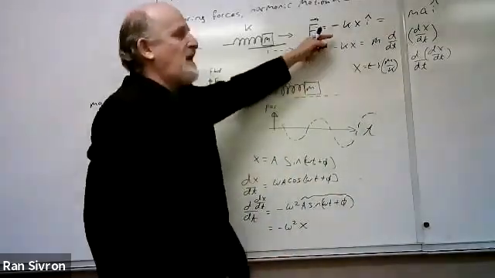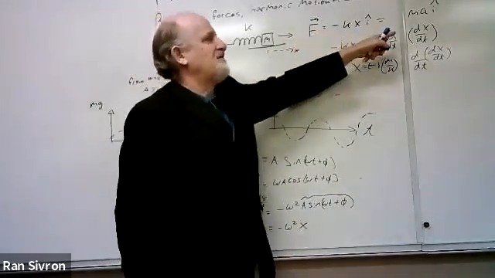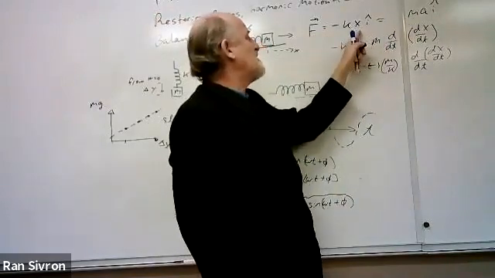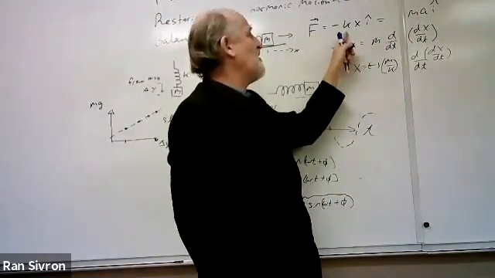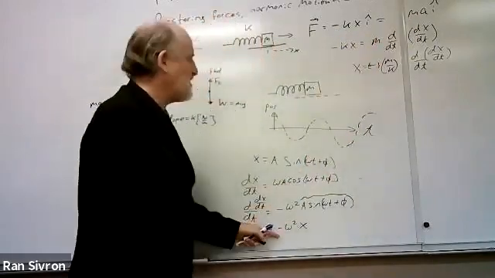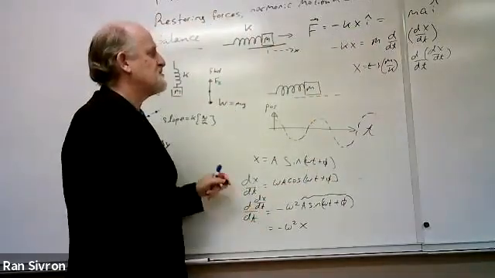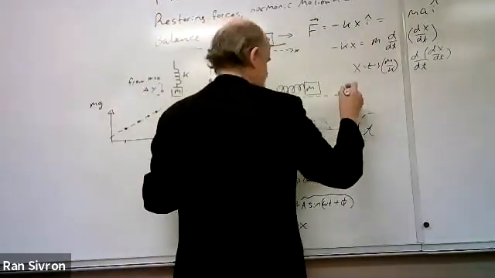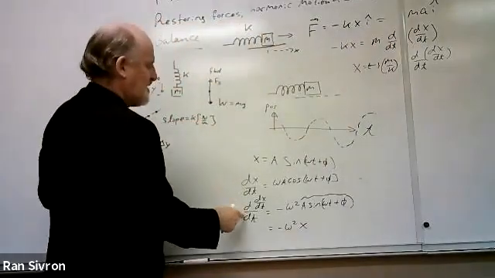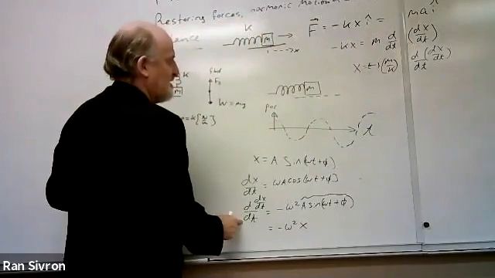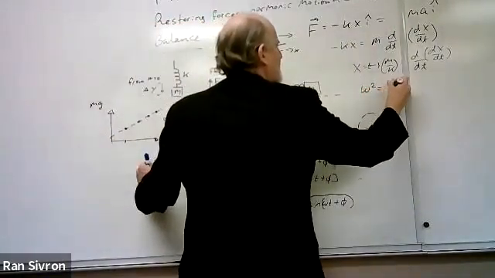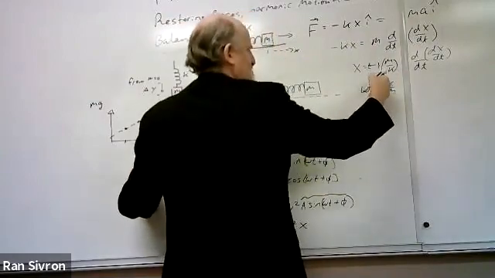Therefore, my equation for position versus time, Newton's second law here, minus kx is ma, yields this equation right here, which means if you want this to be correct, then w squared will have to be equal to K over M. Notice that this is actually on the opposite side.